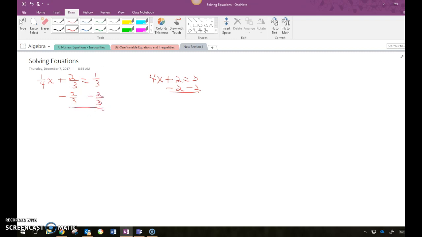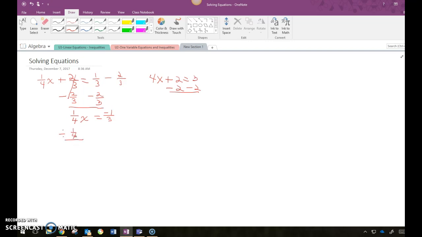Anytime I'm adding or subtracting fractions, I would rather write them on the same line. And remember, you have to have a common denominator. Here I have a common denominator, 3. So now I just need to do 1 minus 2, and 1 minus 2 is negative 1 over 3. This is eliminated. So now I have 1/4 x equals negative 1/3. Here again, I'm multiplying by 1/4, so I need to divide by 1/4.